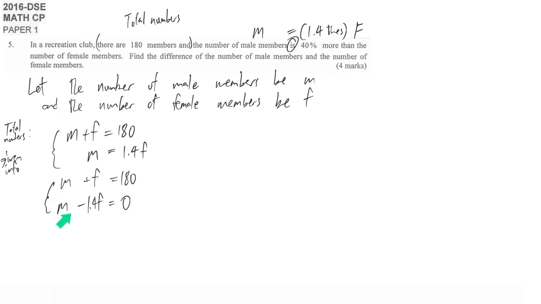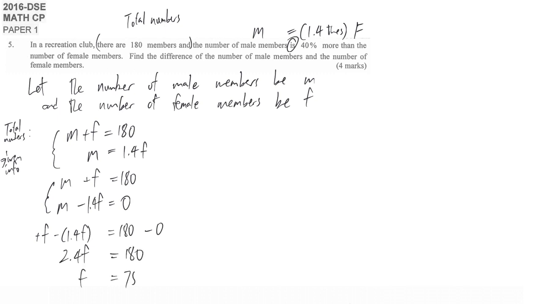After that, we find that M terms are the same. So that's why we subtract this left hand side minus this left hand side, which should equal this right hand side minus this right hand side. So we write down positive 1F minus 1.4F is equal to 180 minus 0. So 2.4F is equal to 180.